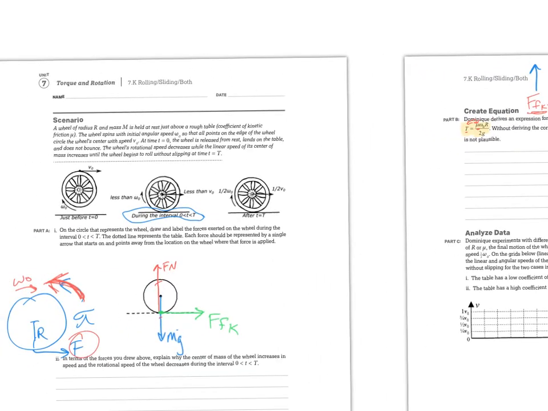So if you have more force of friction, you're going to get to rolling without slipping faster, in less time. If this is a larger force, you're going to get up to the speed that you need to roll without slipping in a quicker amount of time. So we'll get to that time t faster if we have a larger force of friction.